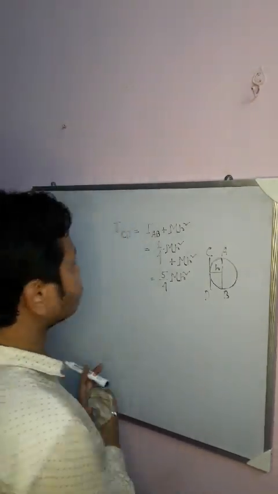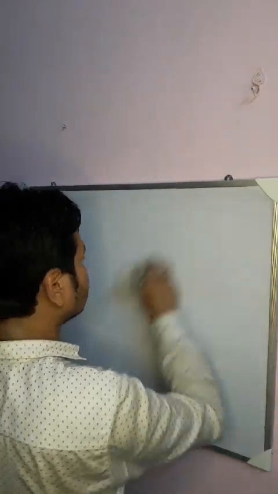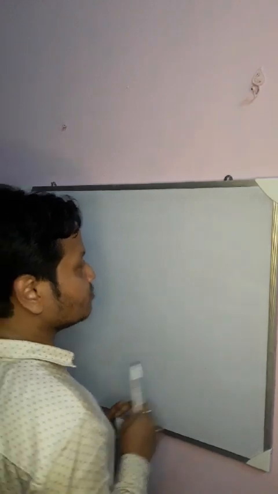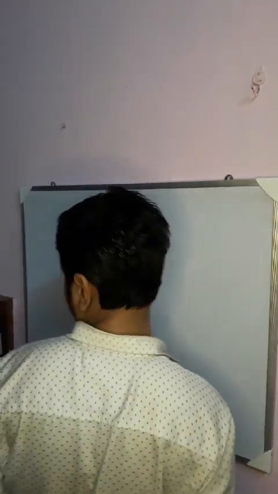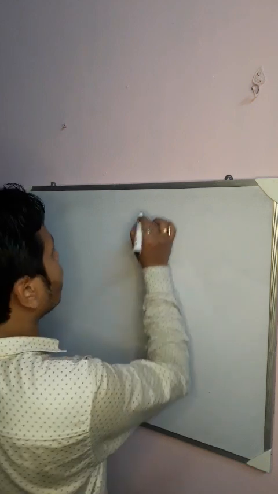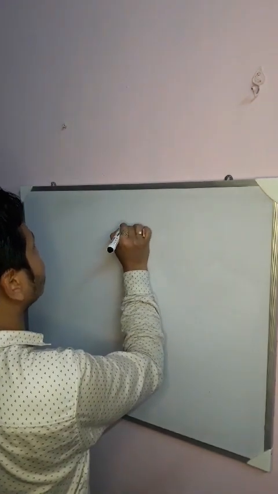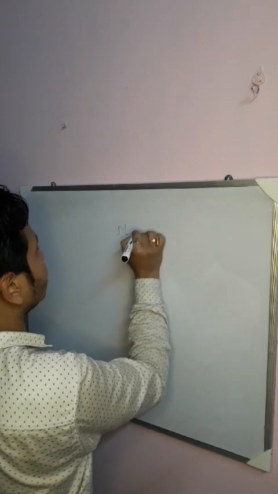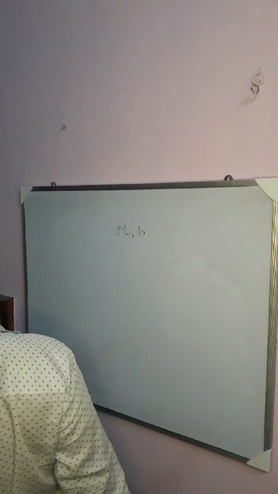Now let us do a numerical regarding the circular disc, which is very important, and for questions in exams this is also very important. The numerical is: a circular disc of mass m and radius r is set rolling on a table.